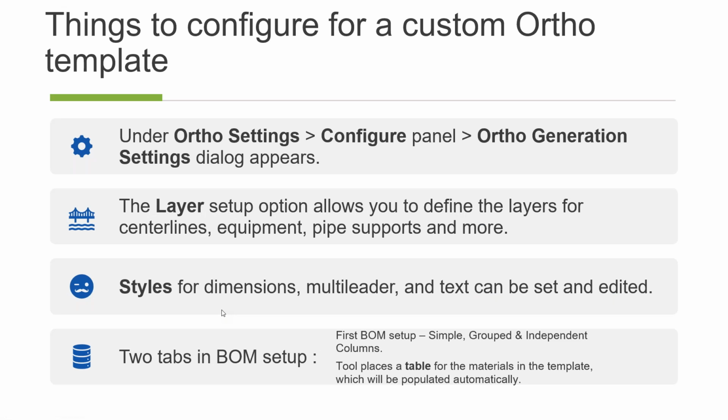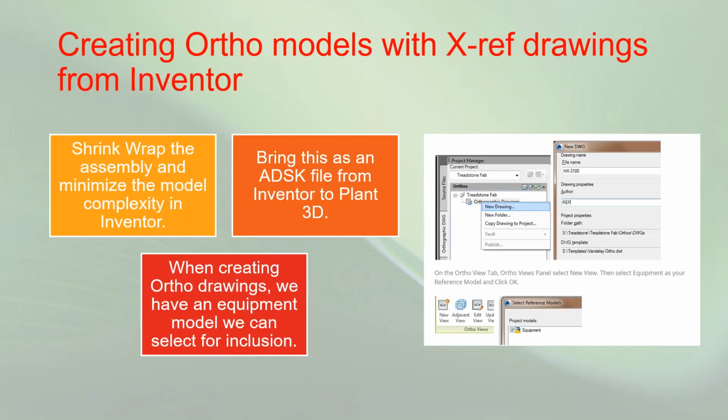So when you have to create an orthographic drawing with XREFs from Inventor, what we do recommend first is that in Inventor, you shrink wrap that assembly, and get rid of any geometry that's unnecessary. There are ways to clean up, for example, remove any nuts and bolts, things that you don't necessarily need, because we're using the AutoCAD hidden line removal algorithms to generate the orthos.